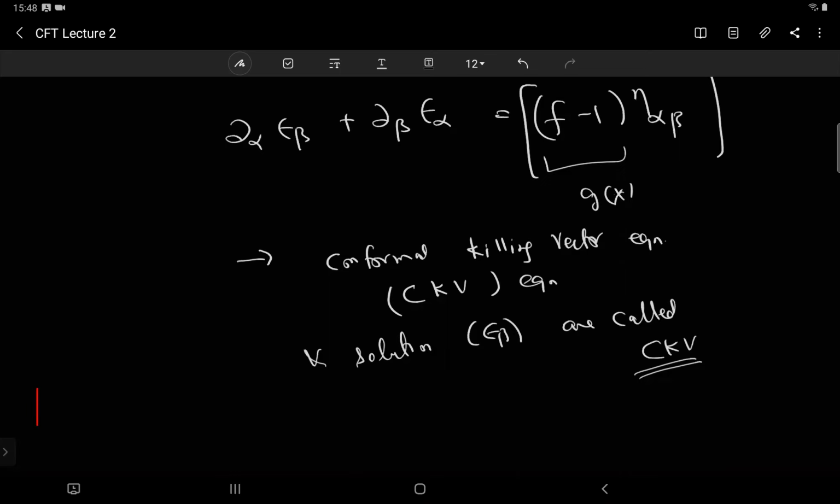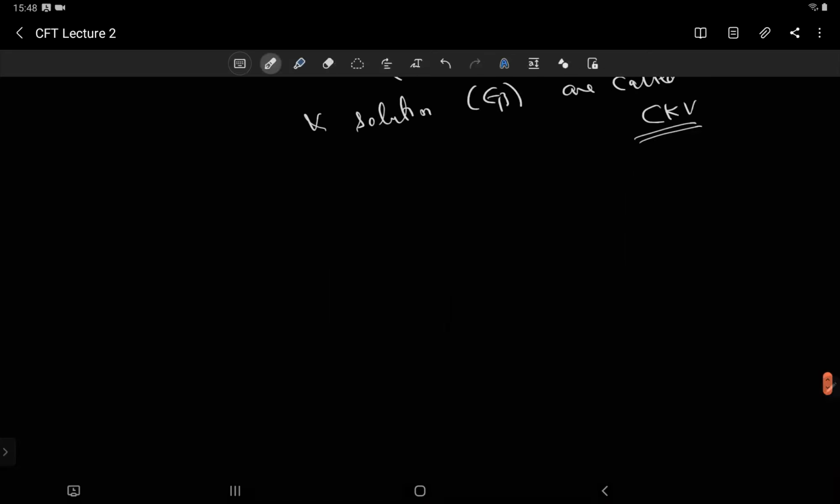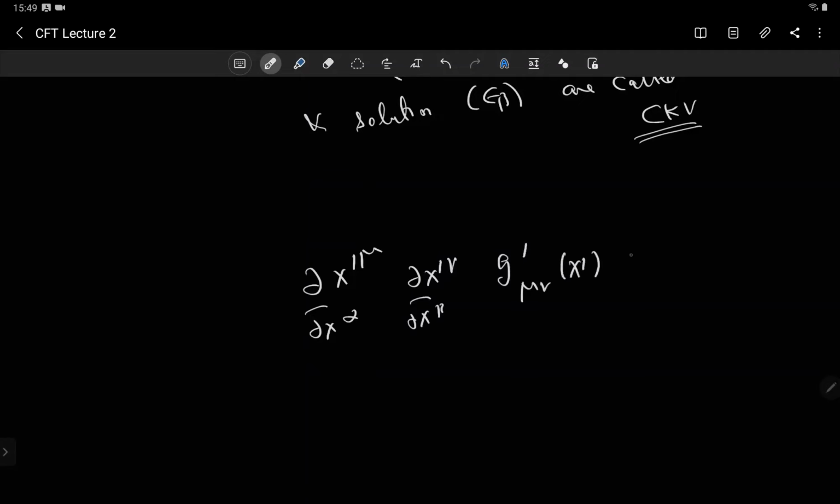So what I'm saying is that if you did that, you'll get the corresponding equation, grad mu epsilon nu. What was the equation here? If you take del x prime mu, so this is the equation with G alpha beta.